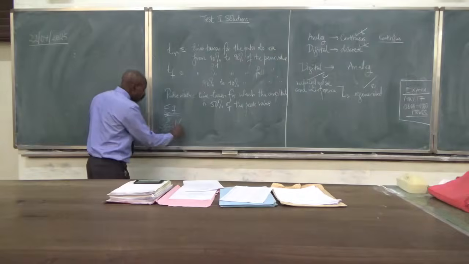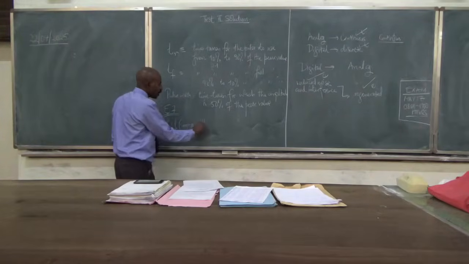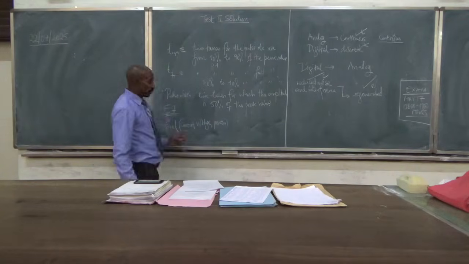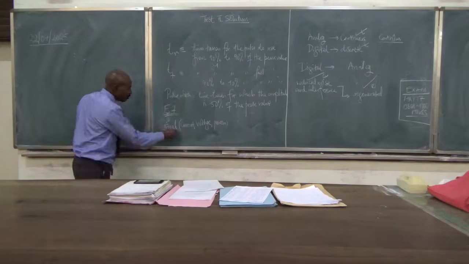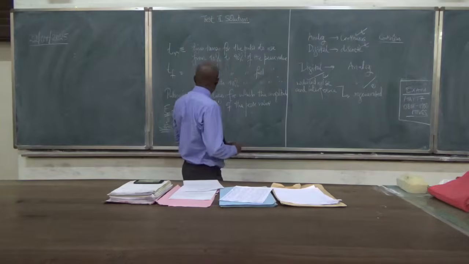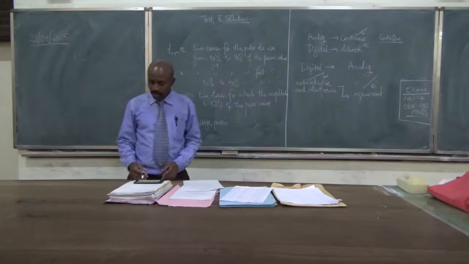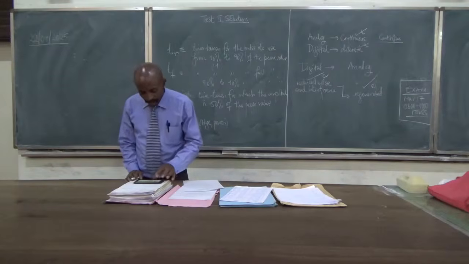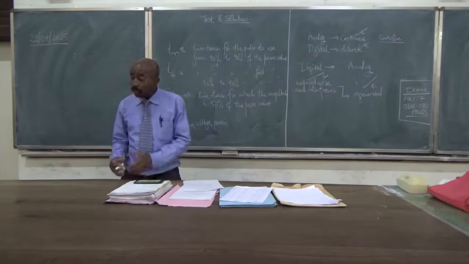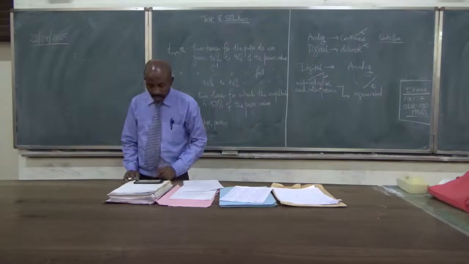Signal could be current, could be voltage, could be power. So just play safe. These definitions are in the notes, the same way they are in the guide. So this is the time it takes for a change in the input signal to produce a change in the output signal.